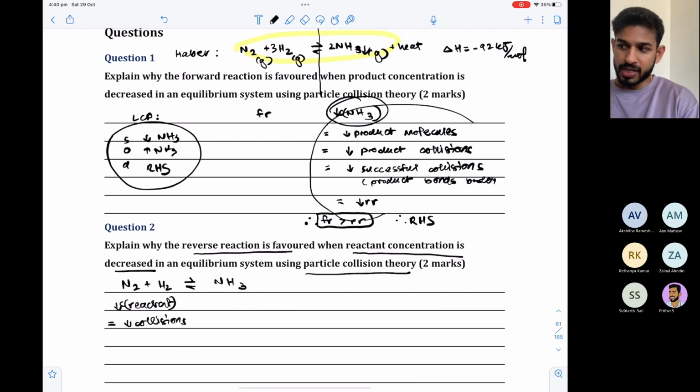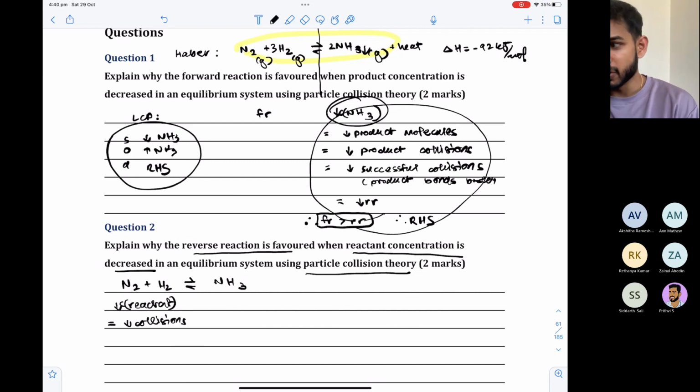Let me just read out my explanation to the above question. When the concentration of ammonia is decreased, there's a decreased concentration of product molecules, and thus a decrease in the total number and frequency of product collisions. As a result, the number of successful product collisions decreases where product bonds are broken.